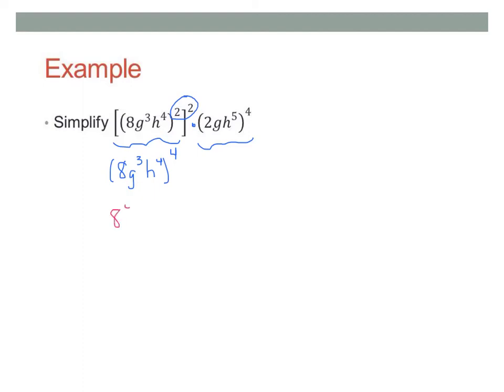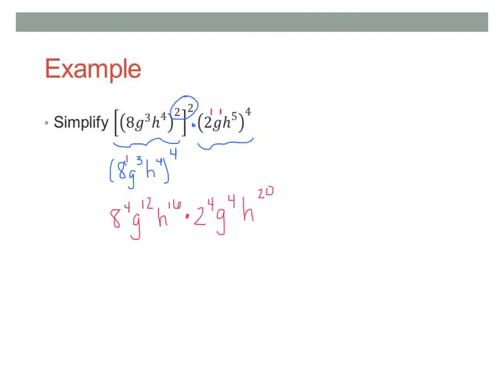So you're going to have 8 to the fourth, g to the 12th, h to the 16th. Now notice that 8 was to the 1 to begin with, and remember we multiply when you have a power to a power. So if we want to go on to the other side now, that would be 2 to the 4th, because there's a 1 right there, g to the 4th, again because there's a 1 right there, h to the 20th.